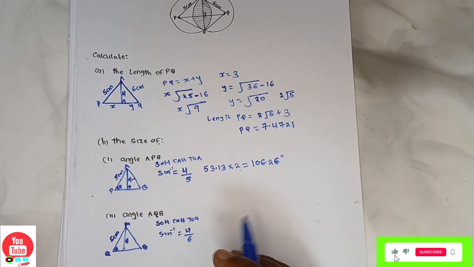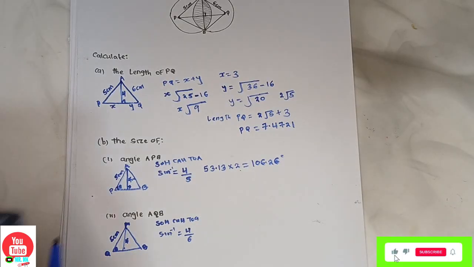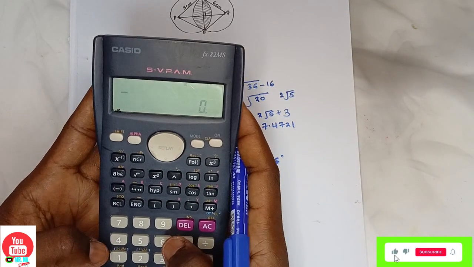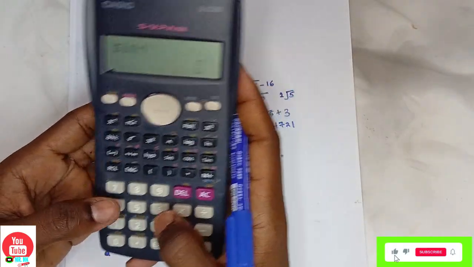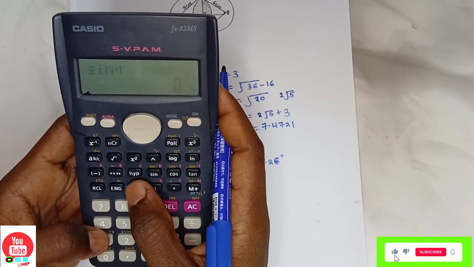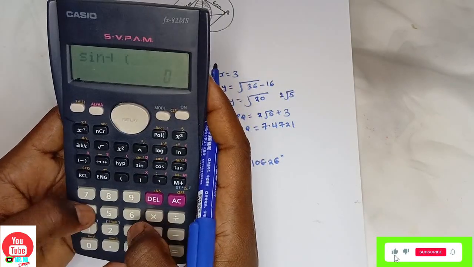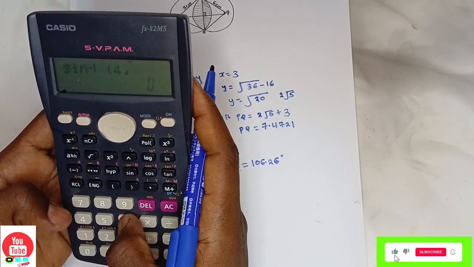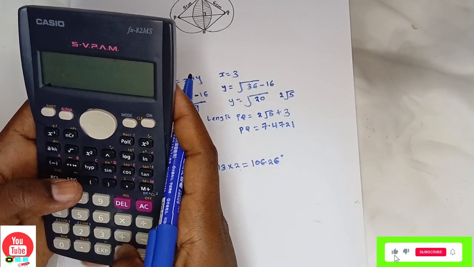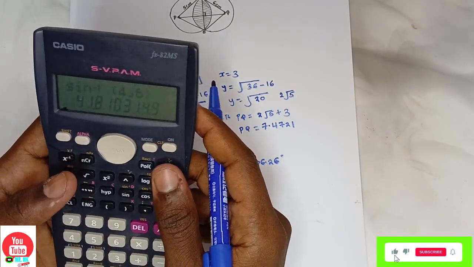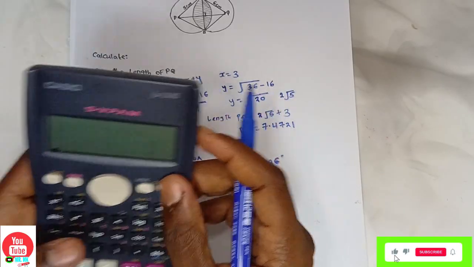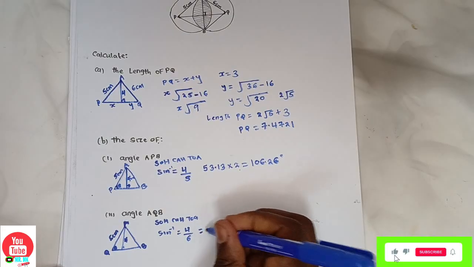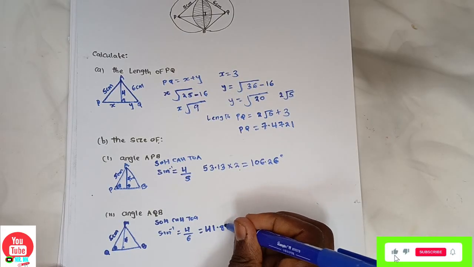Now using your calculator, shift sine inverse of 4 over 6, close the bracket. That will be 41.81.